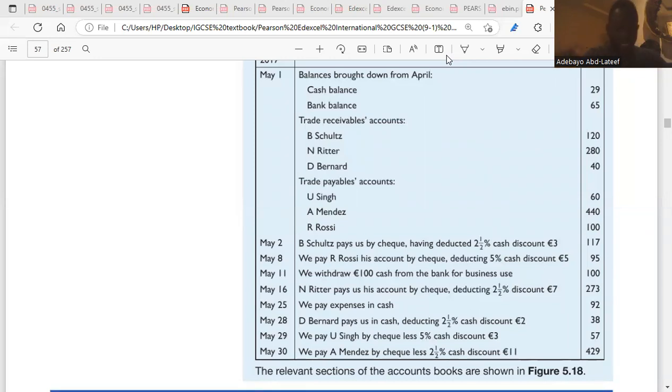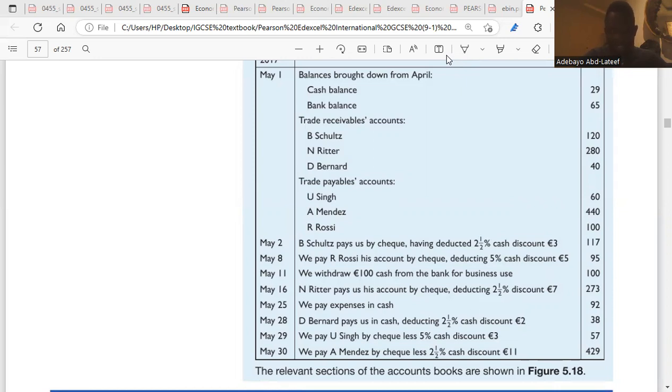Both cash balance and bank balance will be on the debit side of our cash book. For May 1, it says balance brought down from April. That's the amount left in April in cash at hand and cash at bank. For bank, you're going to have 65.